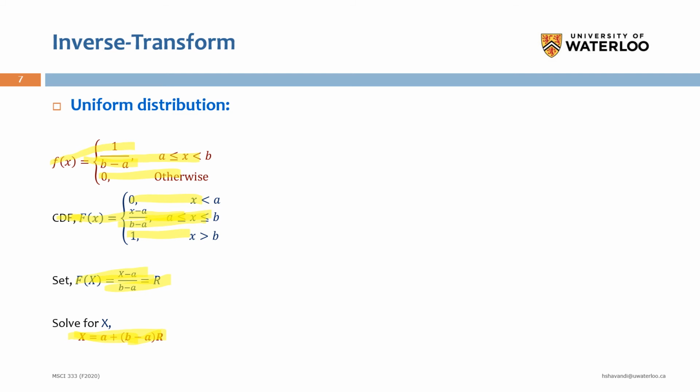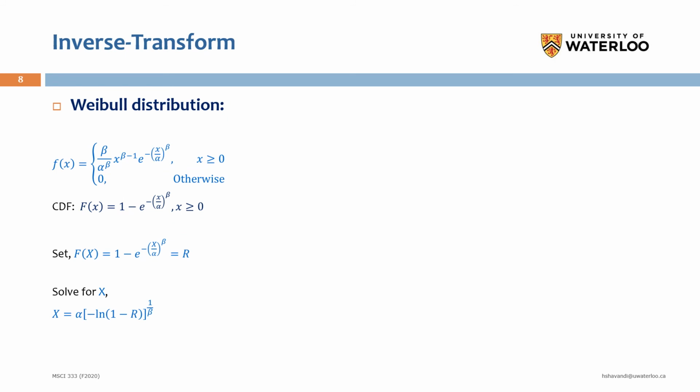For the Weibull distribution, this is our PDF and the CDF will be this. Again we set the CDF equal to R and solve for x, and by having this relationship we can obtain a random variate from the Weibull distribution by having a random number.